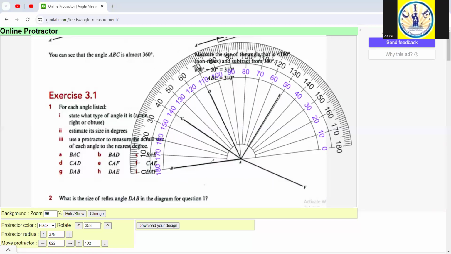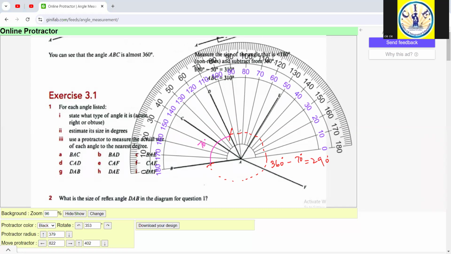This angle is 70. And if we complete this circle, this portion, this angle is going to be 360 minus 70, that is 290.